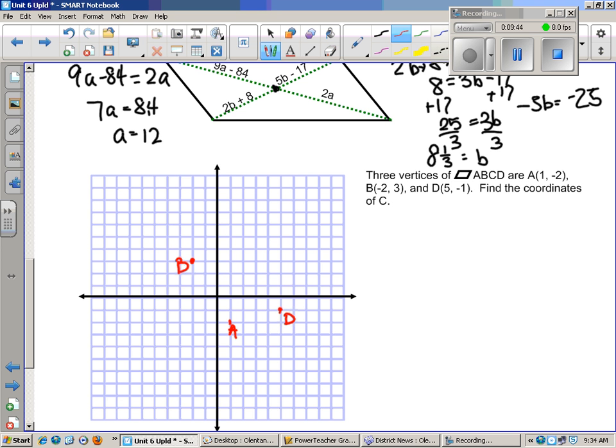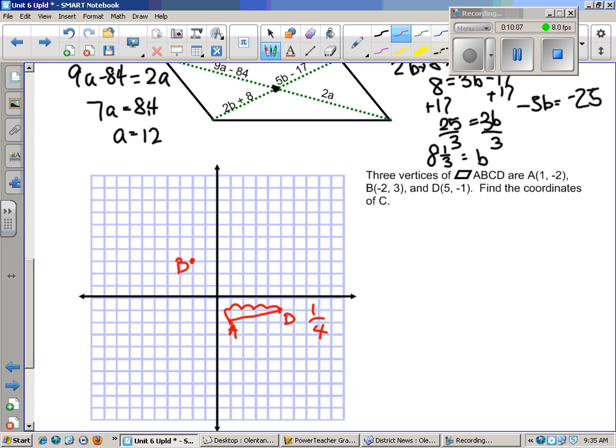Yeah, opposite sides are parallel. Okay, so AD and BC are opposite of each other, right? So if the slope of AD is 1/4, shouldn't the slope of BC be the same?